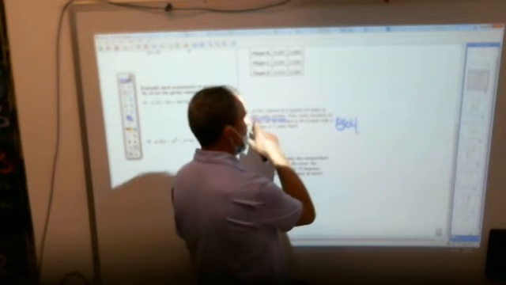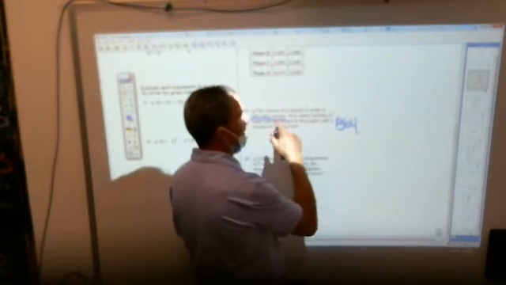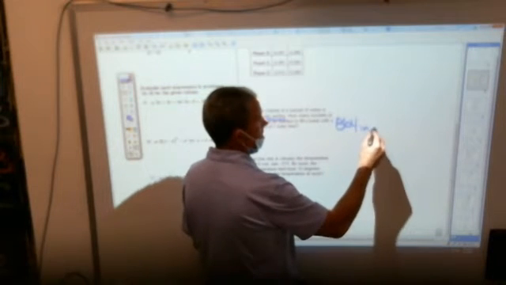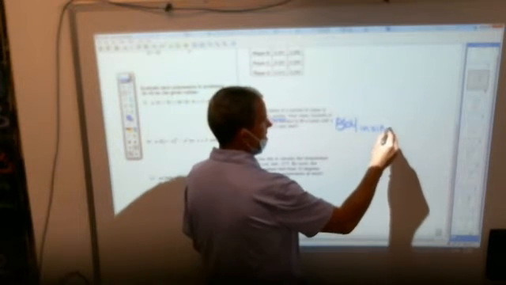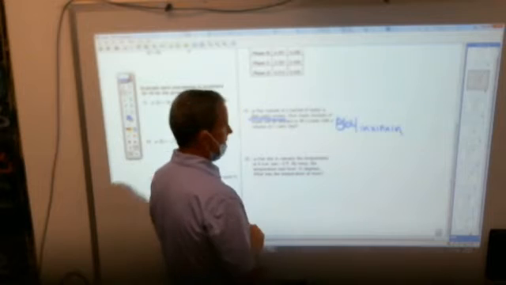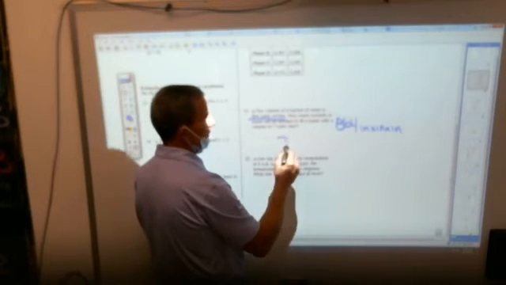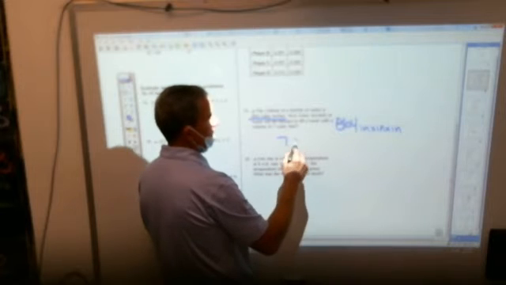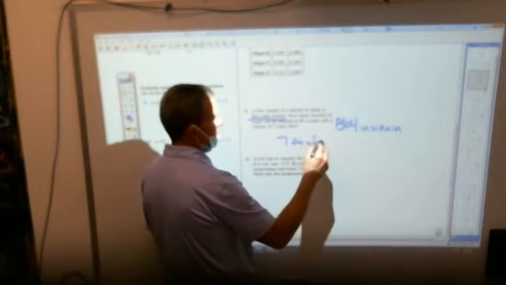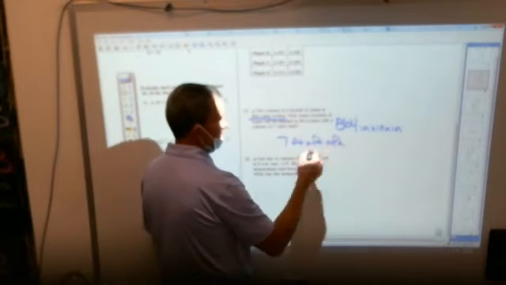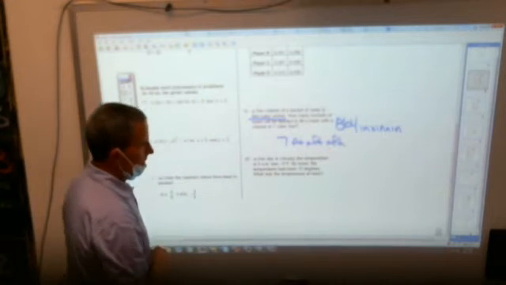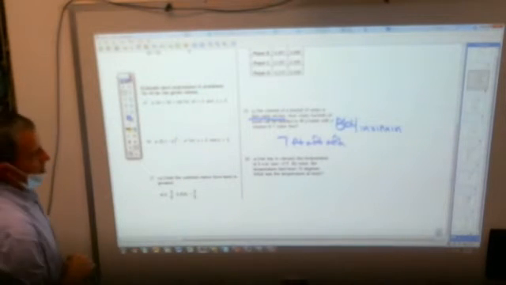It's not 864 cubed. It's cubic inches. That means you have inches times inches times inches. Same thing here. Cubic feet means you have 7 feet times feet times feet. That's 7 cubic feet.